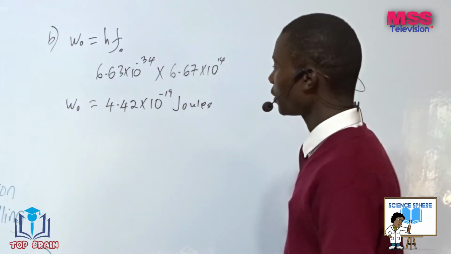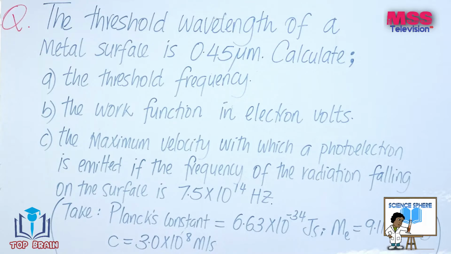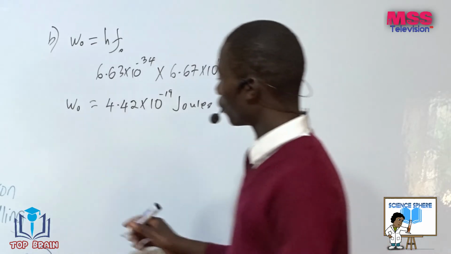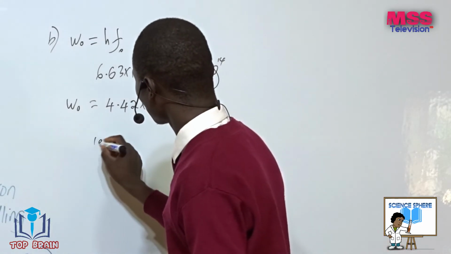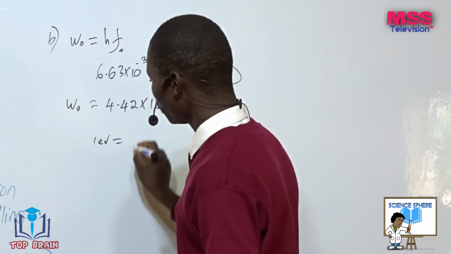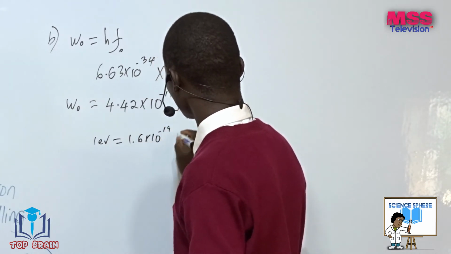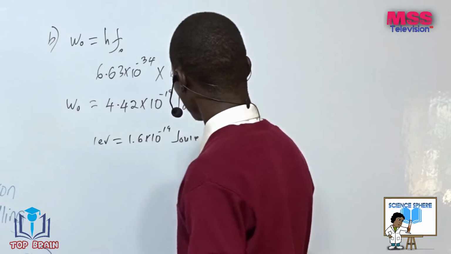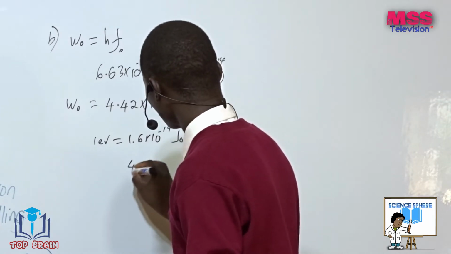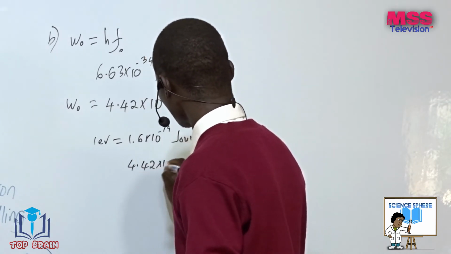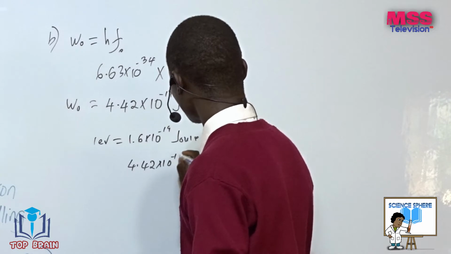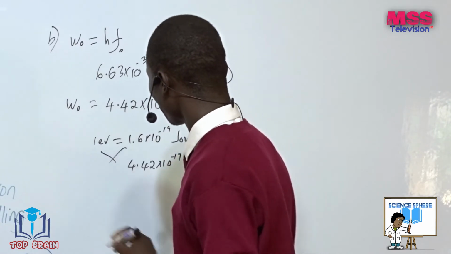But you are supposed to get the work function in electron volts. So 1 electron volt equals 1.6 times 10 raised to negative 19 joules. What about 4.42 times 10 raised to negative 19? Cross multiply.